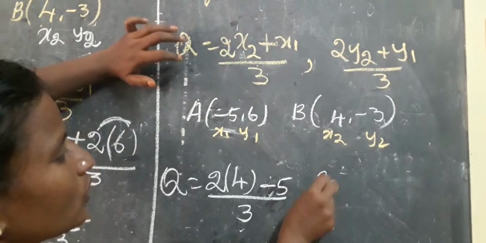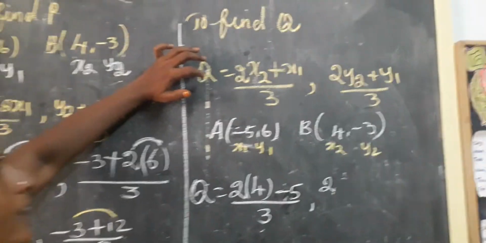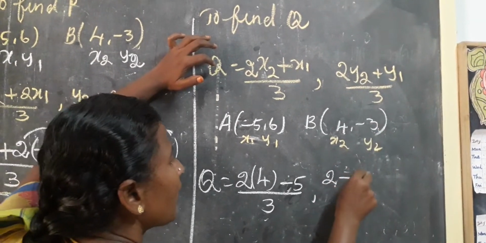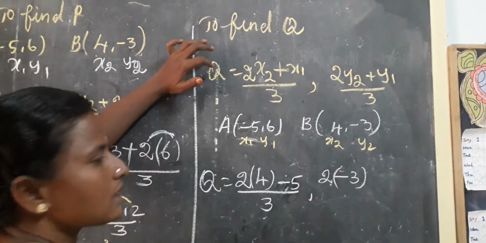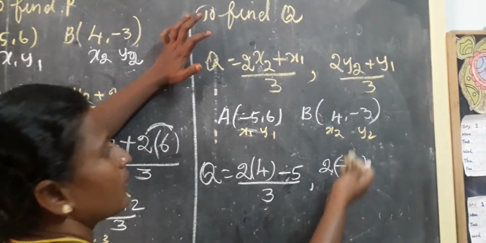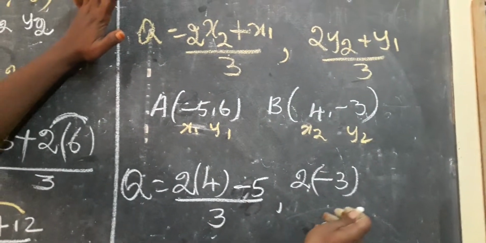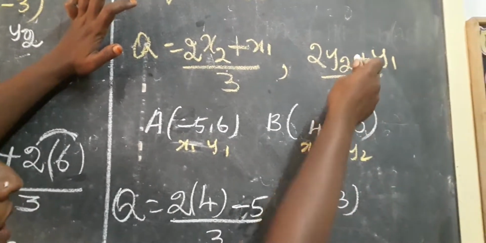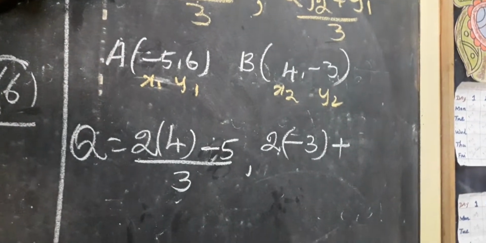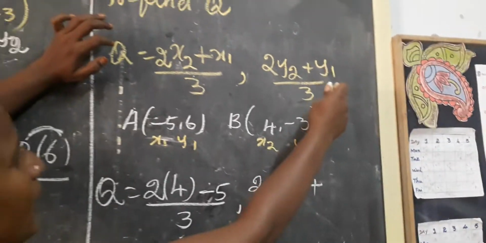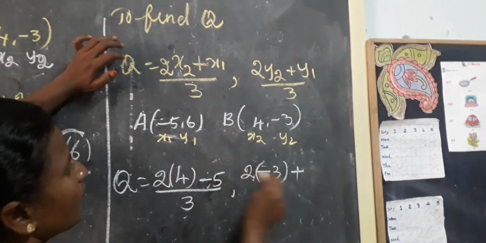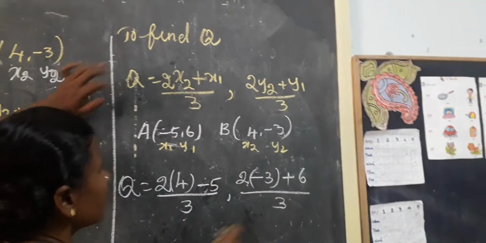And then 2 into y2. What is the value of y2? Minus 3. Into means you must write the symbol; in addition and subtraction there is no need. Then the formula plus y1. What is the value of y1? y1 is 6, divided by 3.